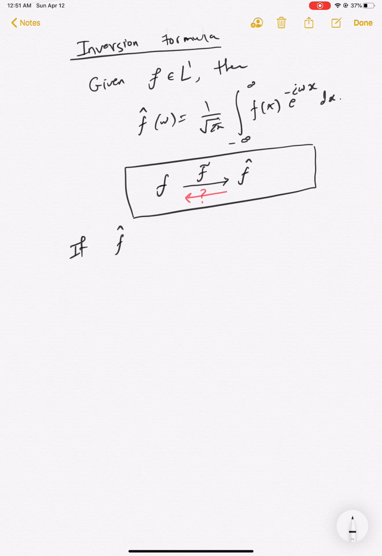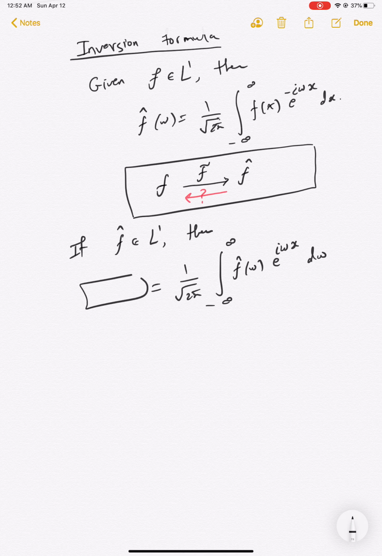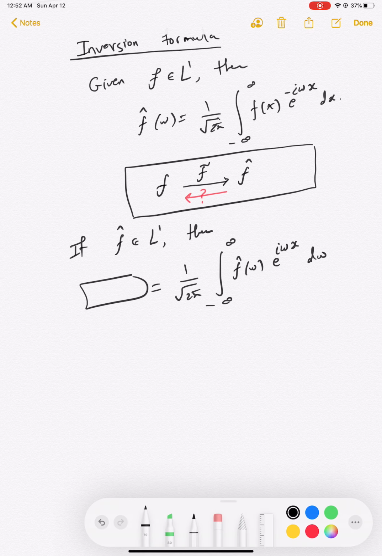If the Fourier transform is also absolutely integrable, then the function is almost the same as 1 over root 2 pi times the integral of f hat of w e to the i w x dw. I intentionally left this space blank. You will see the reason.